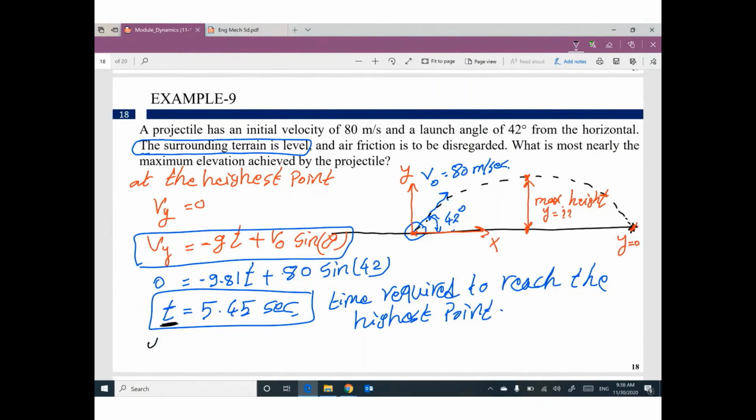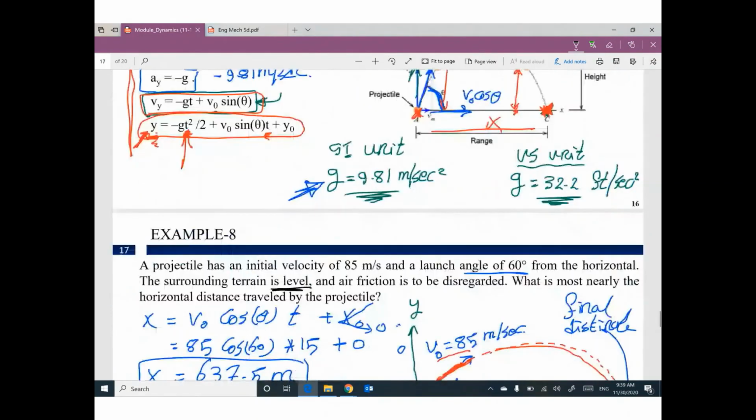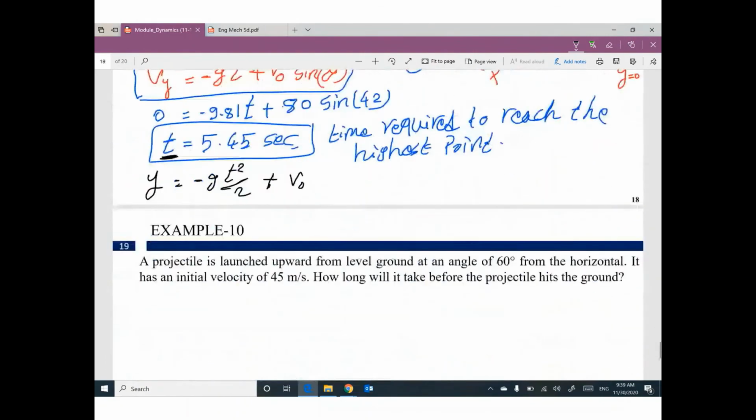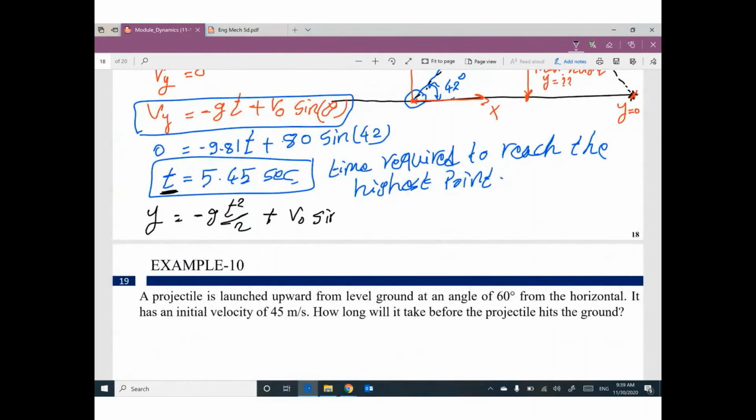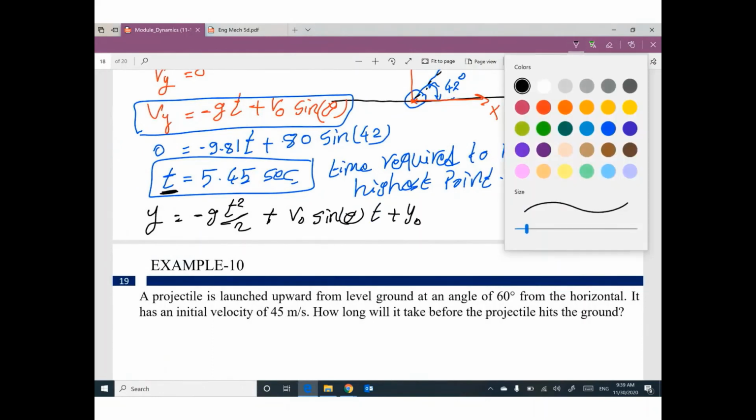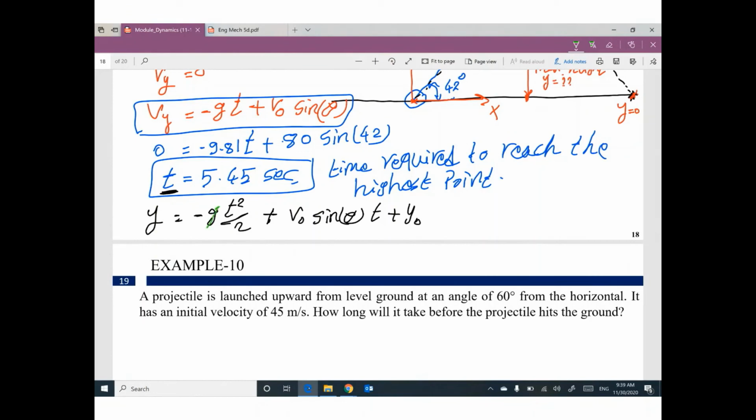Finally, we have the equation for y: negative g t squared divided by 2 plus V naught sine theta times t plus y naught. Go ahead and put your numbers. g 9.81, t the required time to reach the highest point, 5.45 seconds, V naught 80, theta 42.